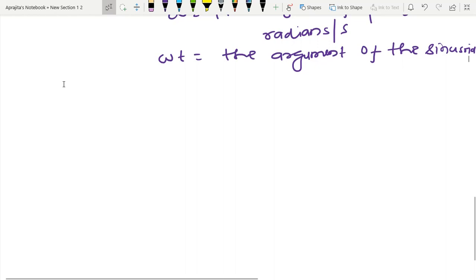Now I am going to plot the Vm sin omega t as a function of the argument omega t.